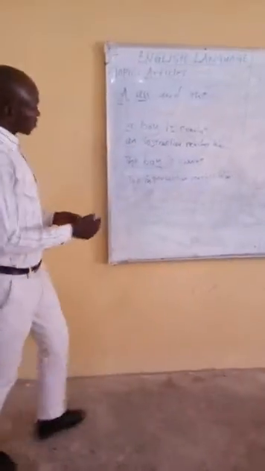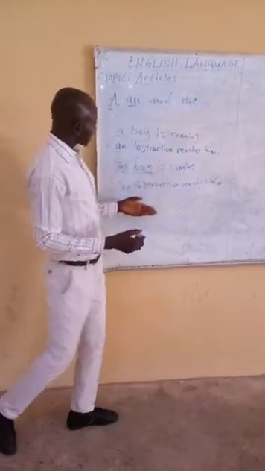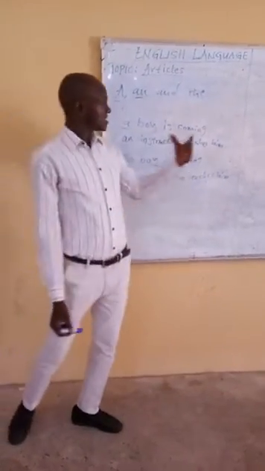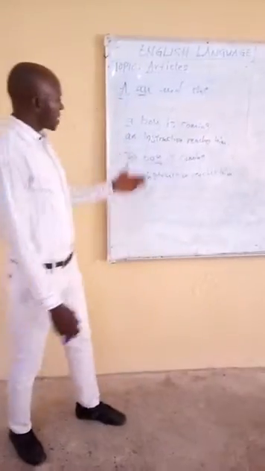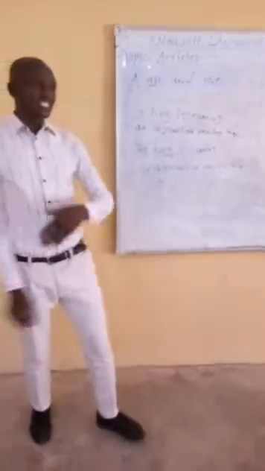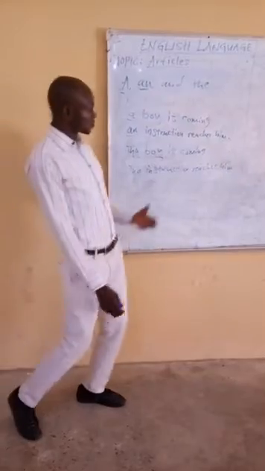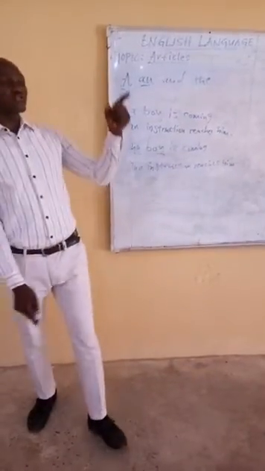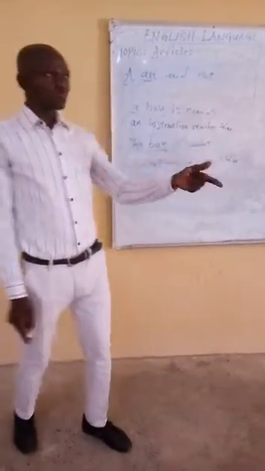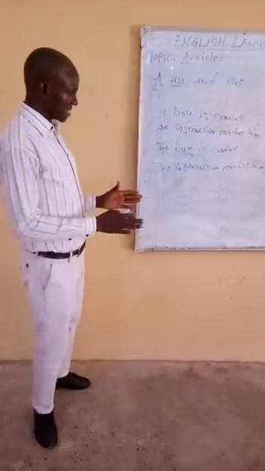When we say the instruction reaches him, it's not the same as an instruction reaches him. Remember we said when we say an instruction reaches him, the instruction is general. We don't know where it's coming from. But when we say the instruction reaches him, it means there was an instruction that was sent to be delivered to him. We are specific in this matter now.